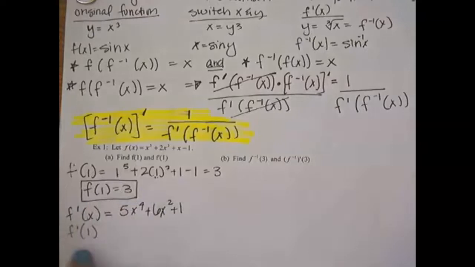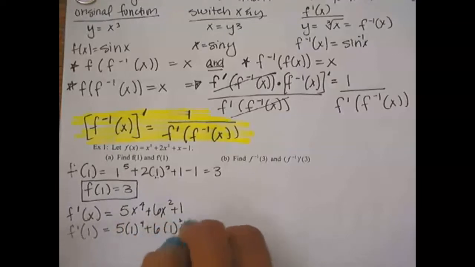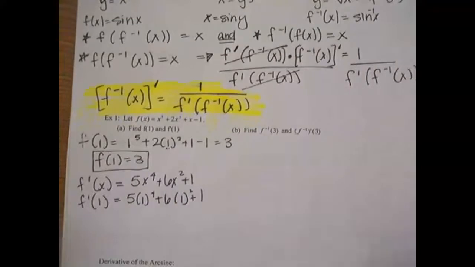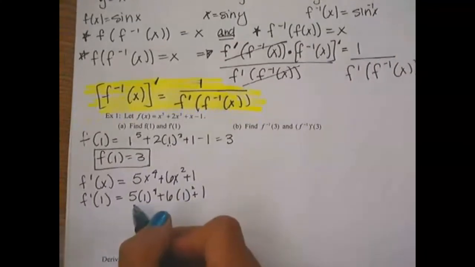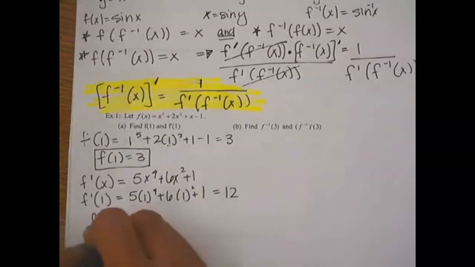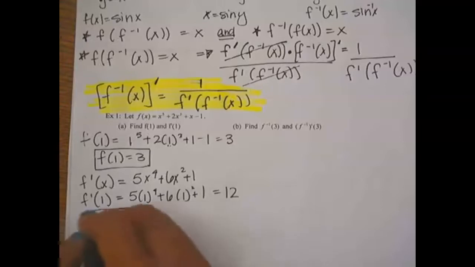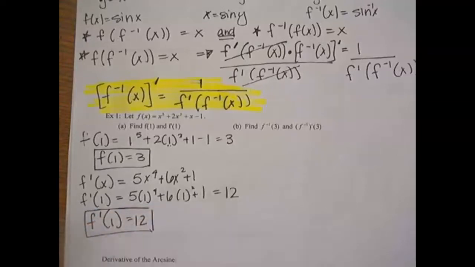Okay, so f prime at 1 equals 5 times 1 to the 4th plus 6 times 1 squared plus 1. Well, 1 to any power is just going to be 1. So now this is really 5 plus 6 plus 1. So this is 12. So f prime of 1 is 12. Okay. So that's how we come up with those solutions.